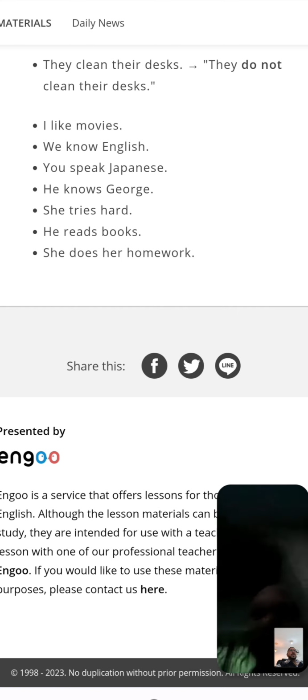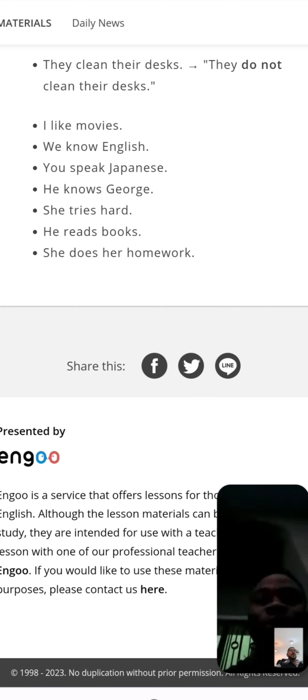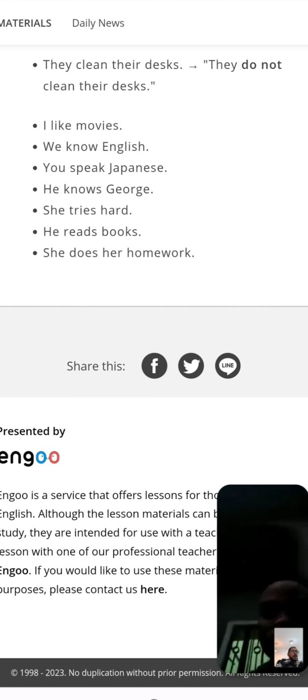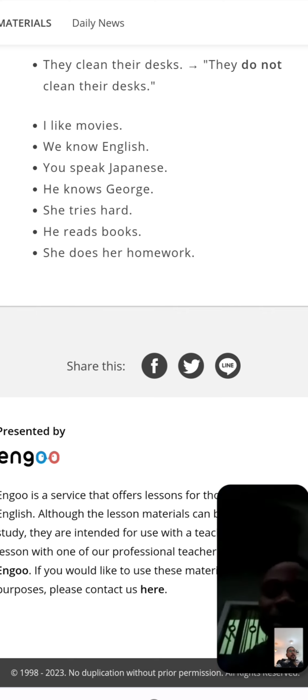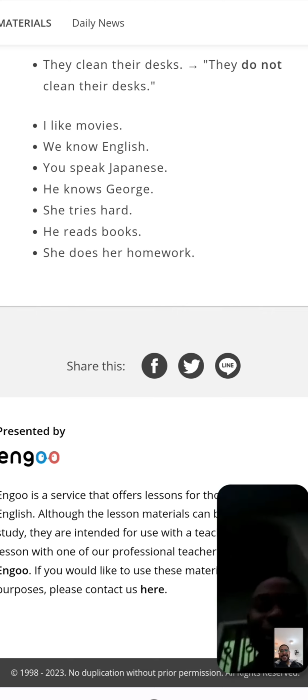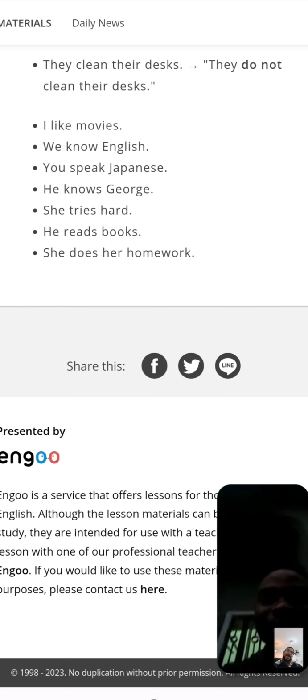Then we have looked at how to form question sentences, and how to form negative sentences in the simple present tense. So that's that for the simple present tense.